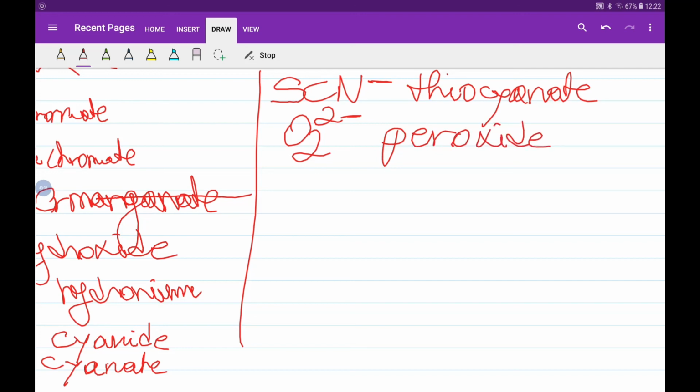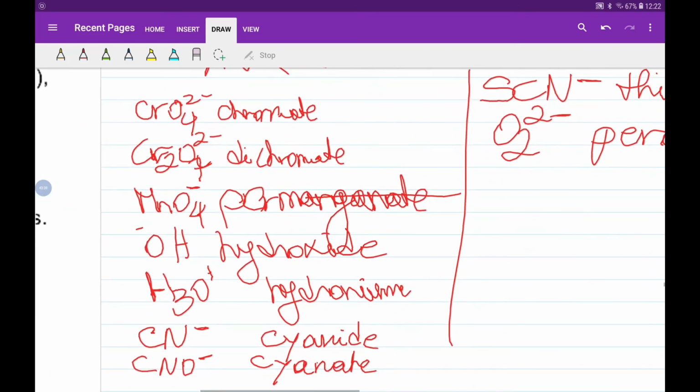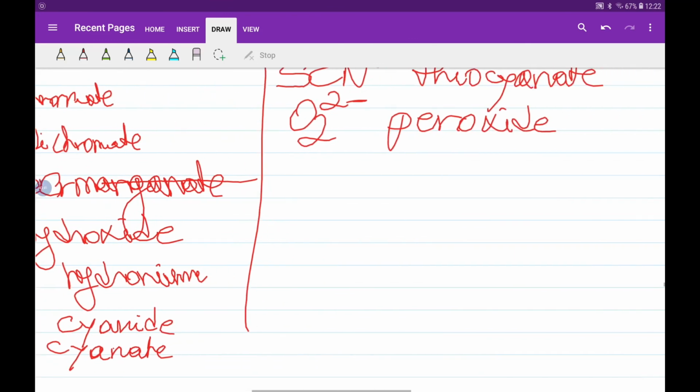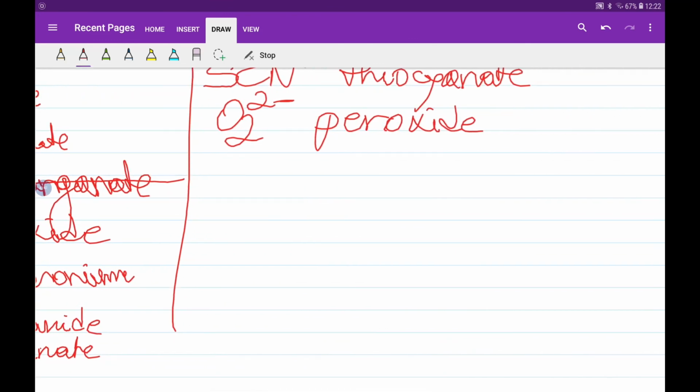And let me see what else. What else am I missing here? Chromate, manganate. Okay. We have C2O4 2 minus, oxalate.